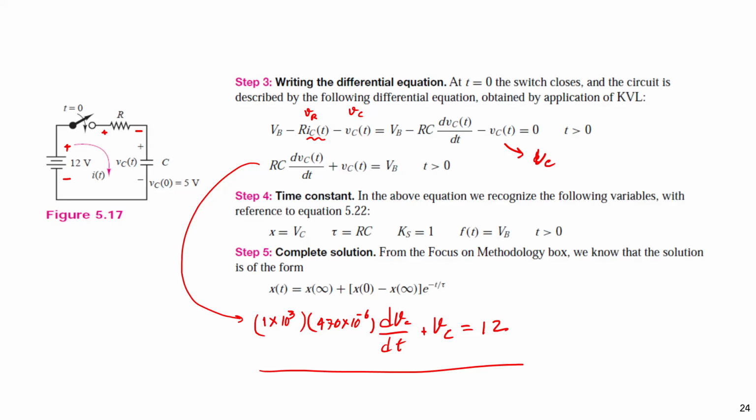X(t) would be Vc, and the time constant would be RC. This is just an instant formula to solve this type of equation. Ks is 1, and VB is 12 here.